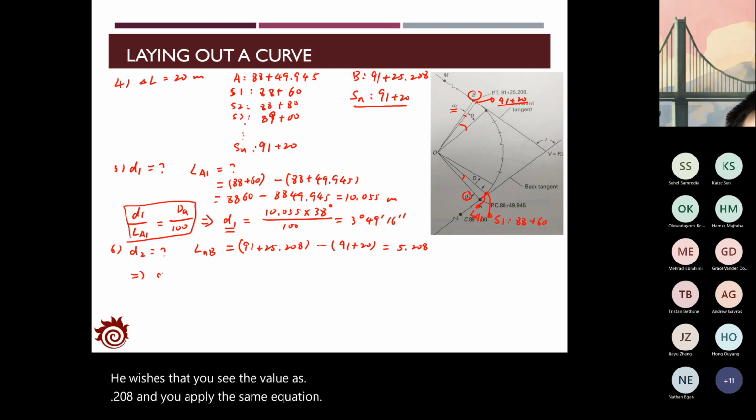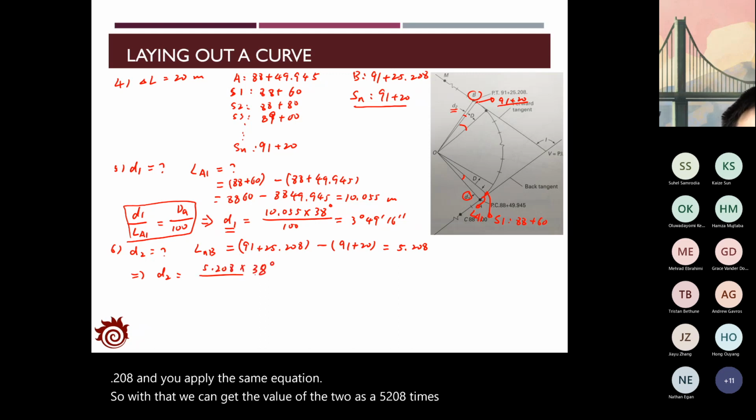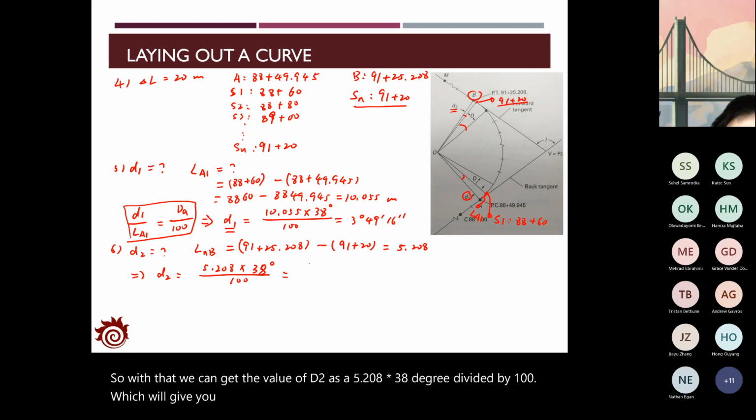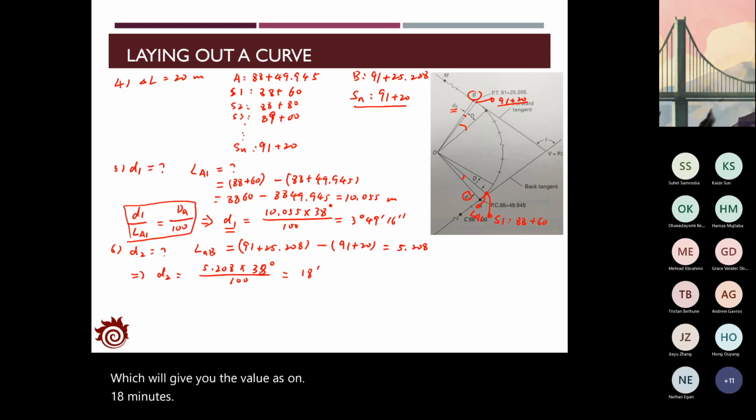So with that, you can get the value of D2 as 5.208 times 38 degrees divided by 100, which will give you the value as 18 minutes 45 seconds.